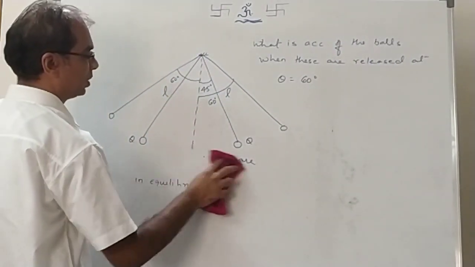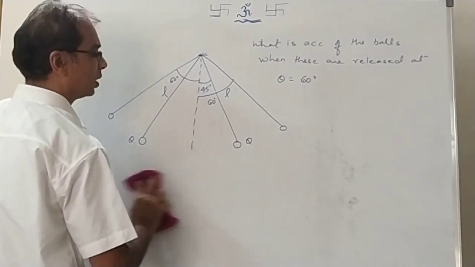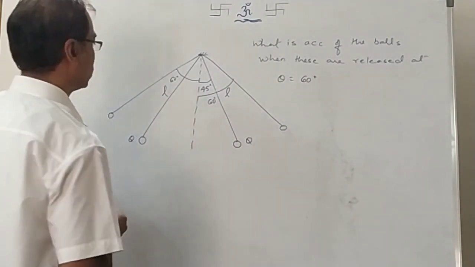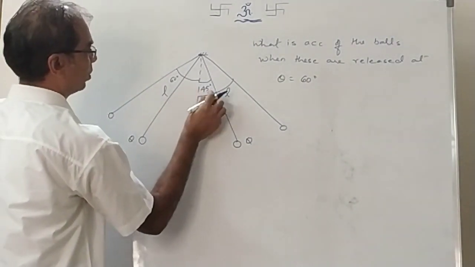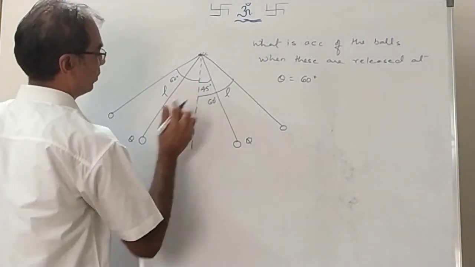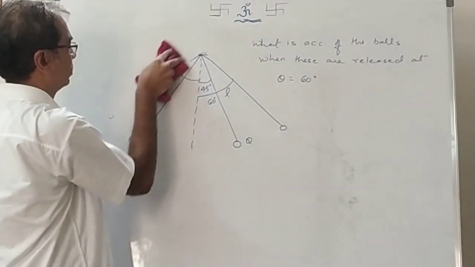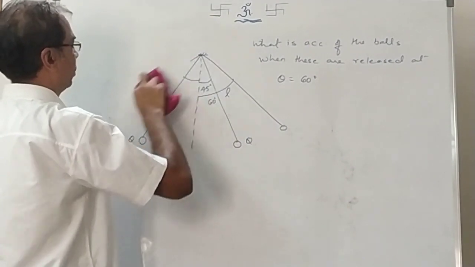First of all, let's see what the condition of equilibrium is, and get the relation from it. So this is 45 degrees, in equilibrium. I am removing this 60 degree right now, it's not required at the moment.